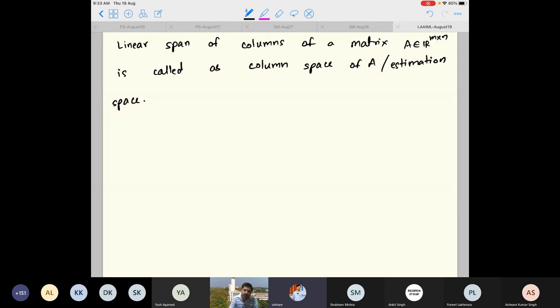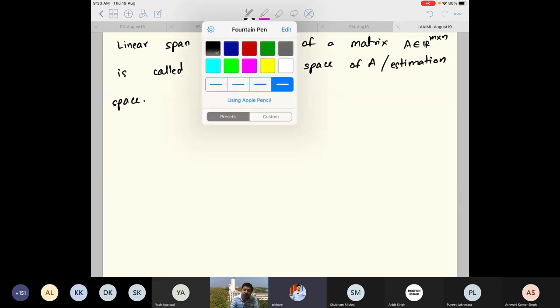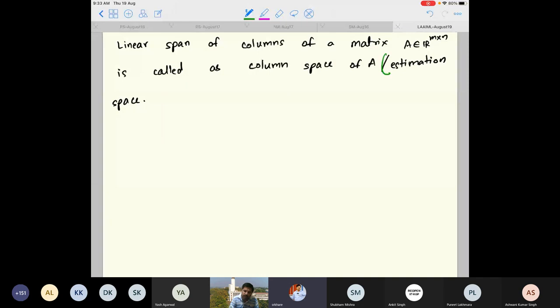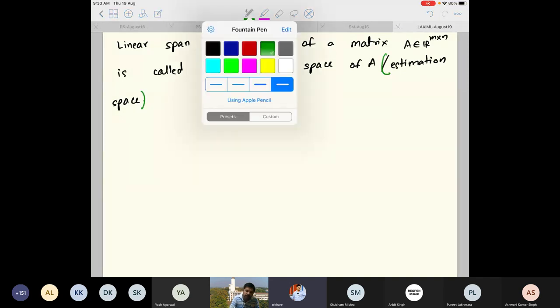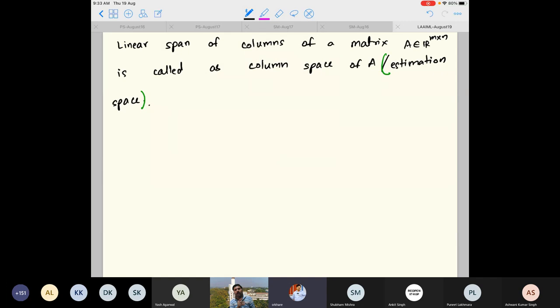This estimation space terminology will come when we see the regression equivalent of this problem of solving a system of linear equations. But from the linear algebra perspective, it is called the column space of A.